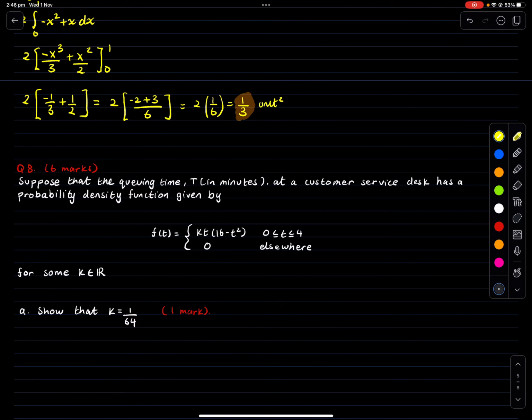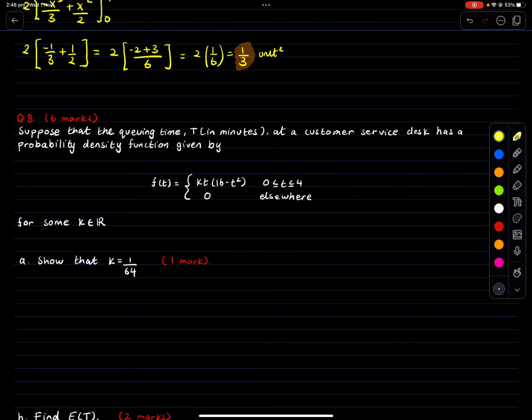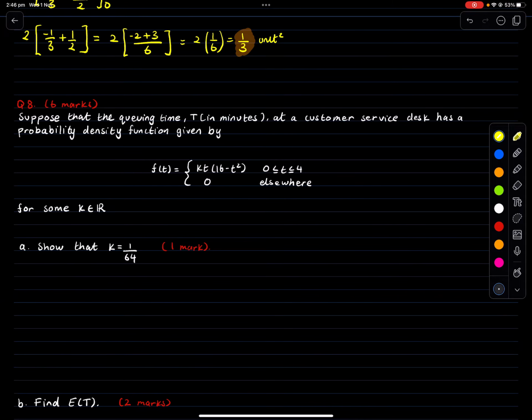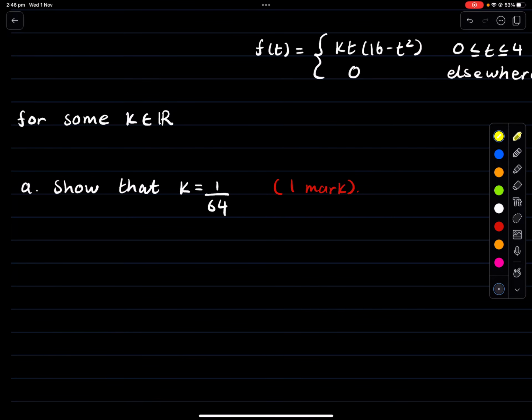Suppose that the queuing time, t in minutes, of a customer service desk has the probability density function this. For some value of k an element of all reals, show that k is equal to 1 over 64. Nice and easy. We know that the integral from 0 to 4 of the function f of t dt should equal 1, because it's a probability density function.